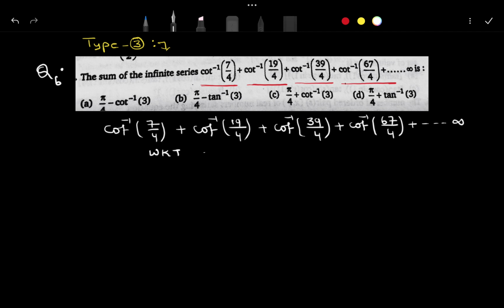You know that cot inverse of x is equal to tan inverse of 1 by x.